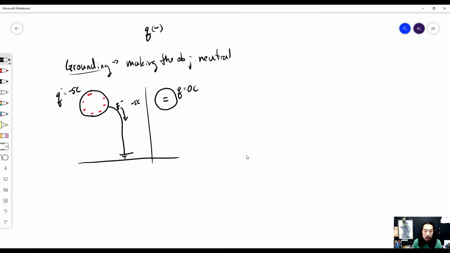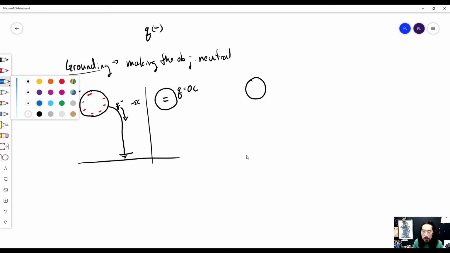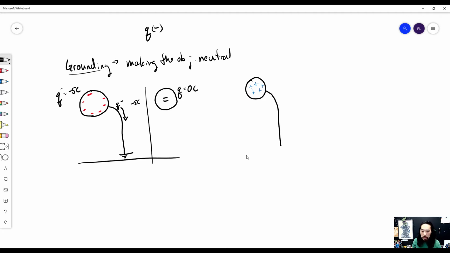All right. Now, what if we have a positively charged object? So this is grounding of a negatively charged object. Let's do a positively charged object. There we go. So here we have a positively charged object, and we want to ground it. So we are grounding it. Make sure it actually touches the ground.